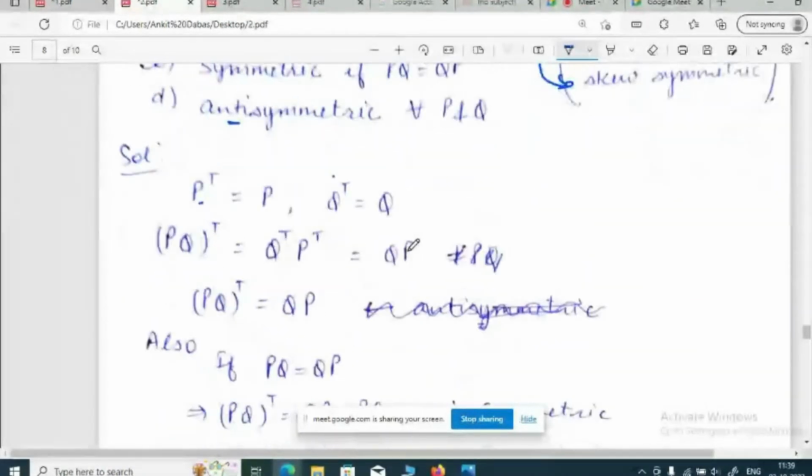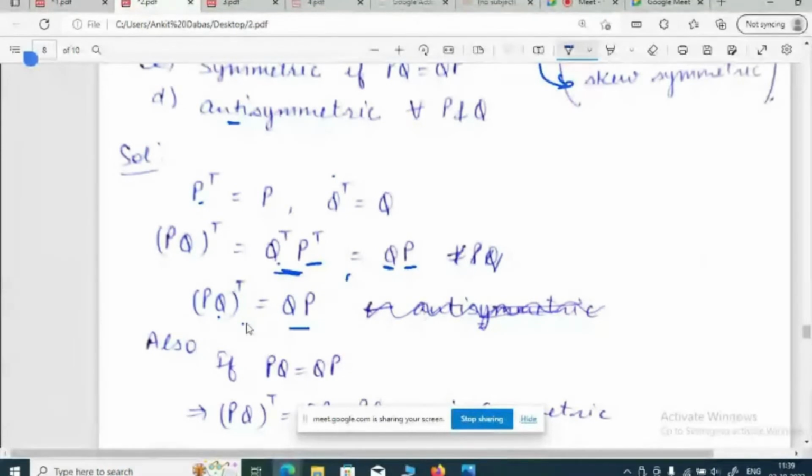So P transpose is equal to P, Q transpose is equal to Q, because they both are symmetric. Now (PQ) transpose will follow the reversal law. So (PQ) transpose is Q transpose P transpose. Q was symmetric, so we can replace this by Q. P was symmetric, so this is equal to P. So what we got is (PQ) transpose is equal to QP.